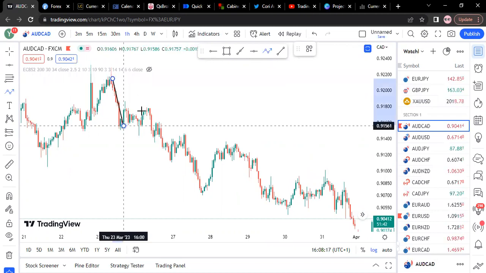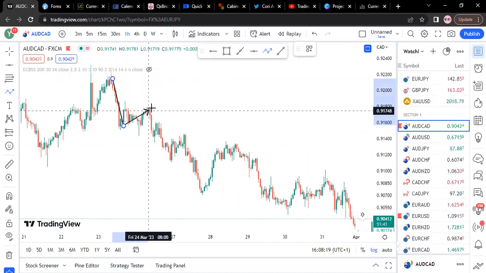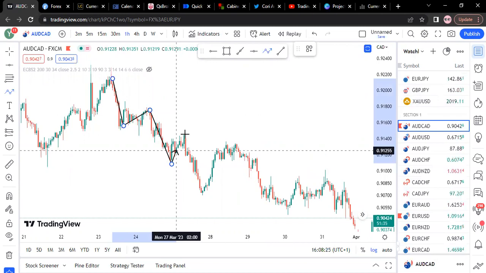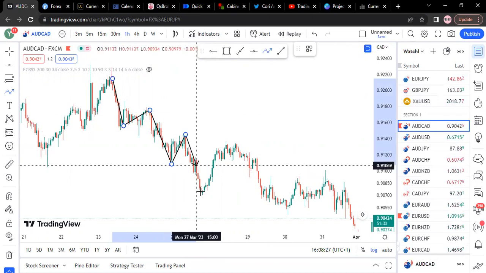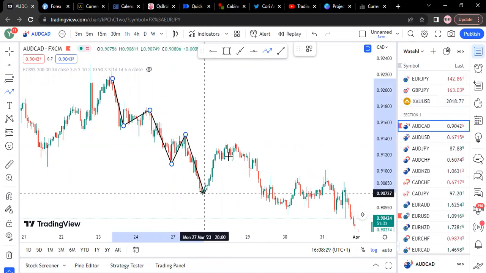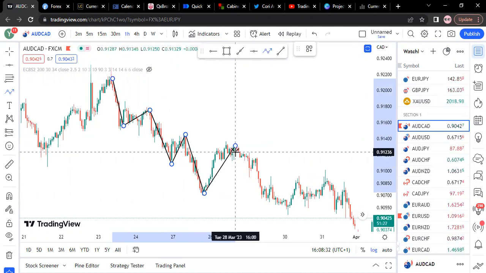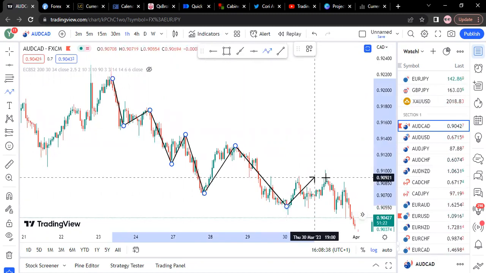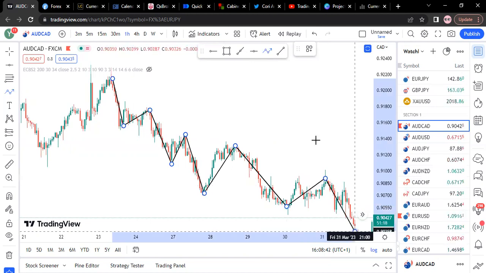We have a low here. We have a high. Then we have a low here. We have a high, a low, a new lower high, a new lower low, and a new lower high, continually like that, right?